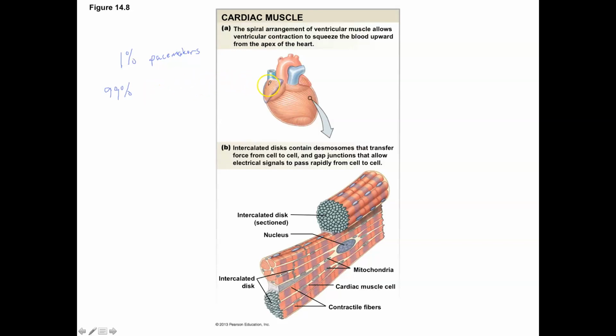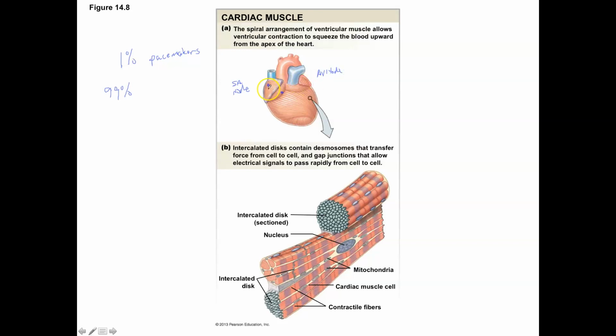You may be familiar with some of the terms. So there's an area of cardiac muscle cells, these 1% of cells, known as the SA node. Also part of the conduction system, we have the AV node.